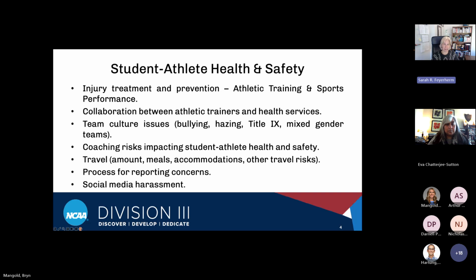I would even ask the AD, what are the rooming options? If you only have a head coach, and maybe you're lucky enough to have a trainer, of one gender, how do you support the other gender if something happens during a trip? So just things to consider and keep in mind.